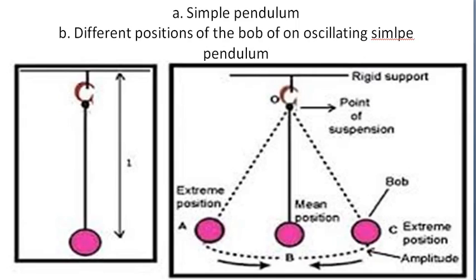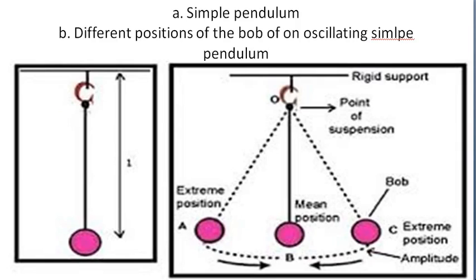Now what is oscillation? The to and fro movement of a simple pendulum is an example of periodic or an oscillatory motion. Now oscillatory motion will always be periodic. The pendulum is said to have completed one oscillation when its bob moves from the position B to A, then to C, and then it again comes back to the position B. This is one oscillation.